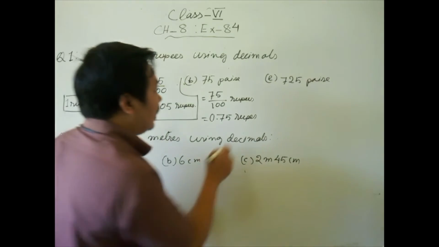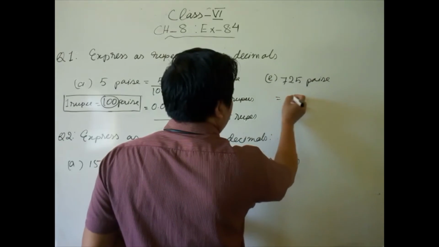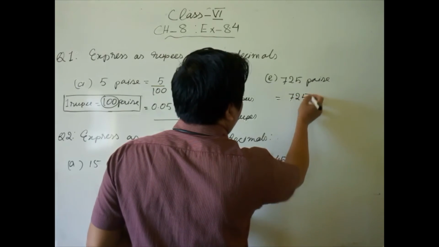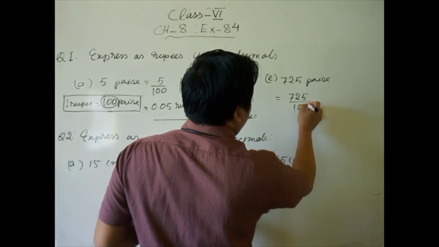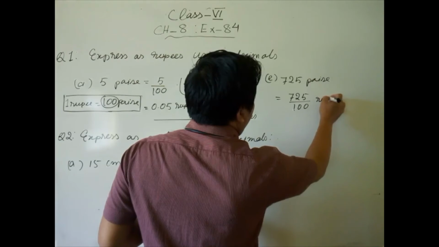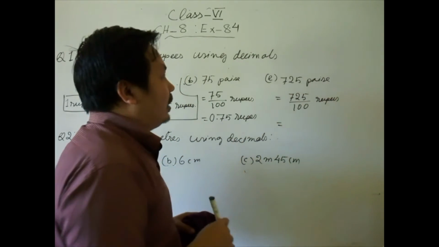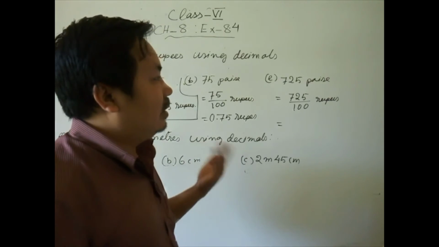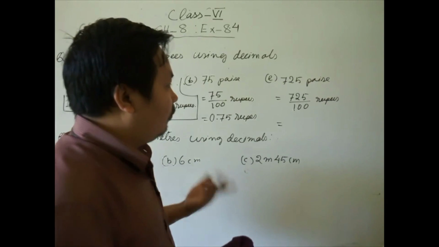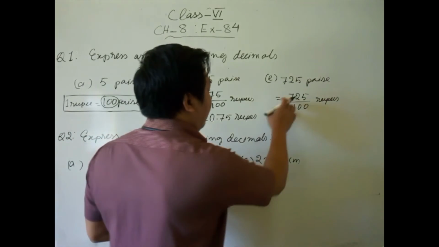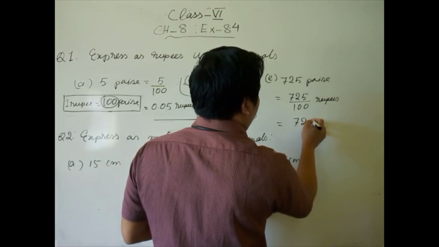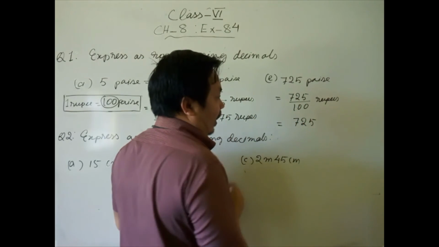Here also, 725 will be divided by 100 and it becomes rupees. Now we need to write it as a decimal number. Take the number 725 simply.